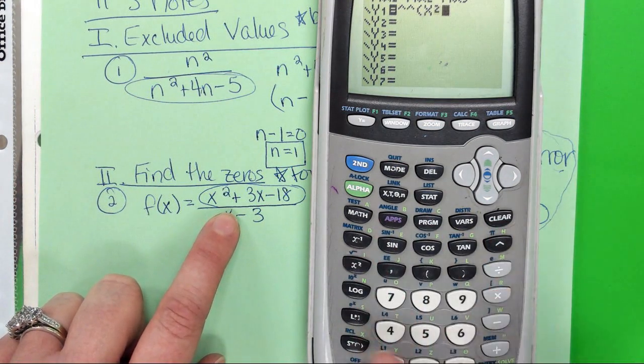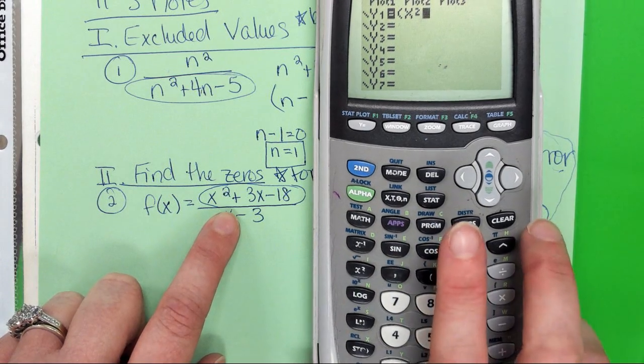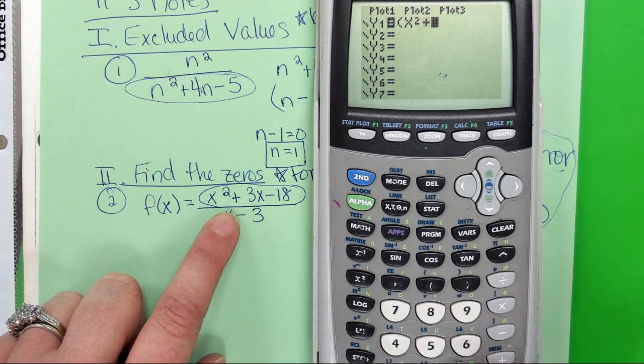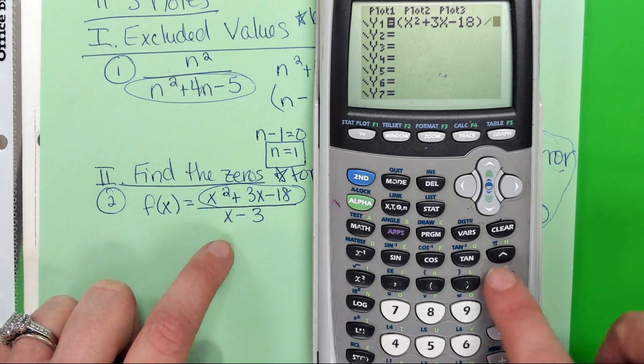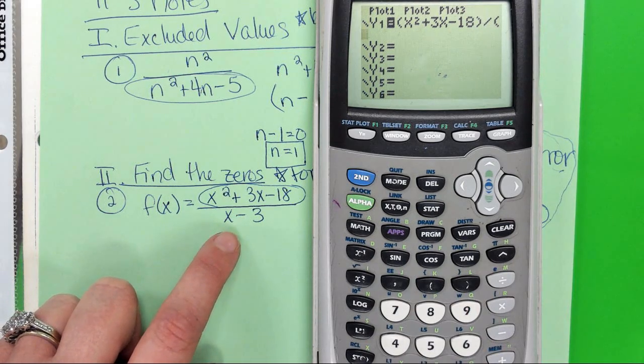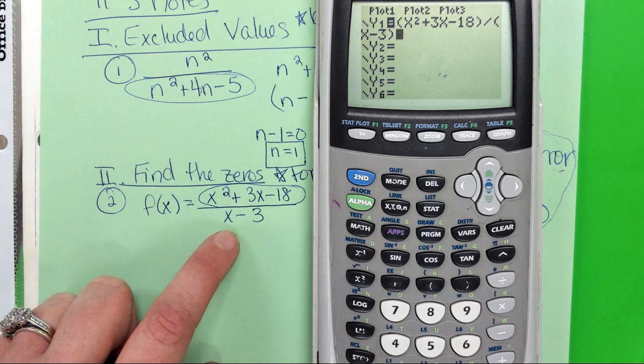X squared plus 3x minus 18. Close your parentheses. And then we're going to divide. And you got to put the bottom in parentheses as well. X minus 3. Hopefully you're plugging that in your calculator with me. I'll leave it there a minute if you need it. And then hit graph.